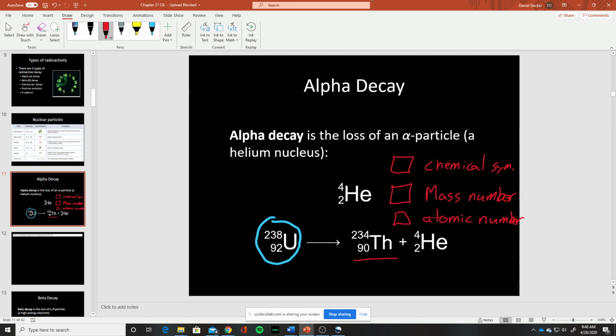Your job is to work out what the daughter nuclide is. In this case, it was thorium-234, and you would put into those boxes Th, 234, and 90.